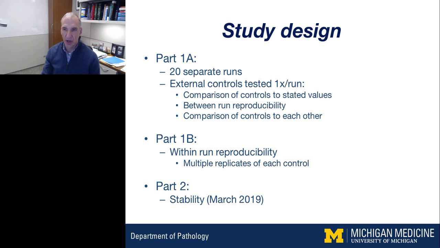Aliquots of those replicates were sequestered and stored at minus 30 degrees for 6 months to look at the stability of those controls over time. And then that reproducibility experiment was repeated by our lab recently. I don't have data to share on that, unfortunately, but it will be forthcoming.